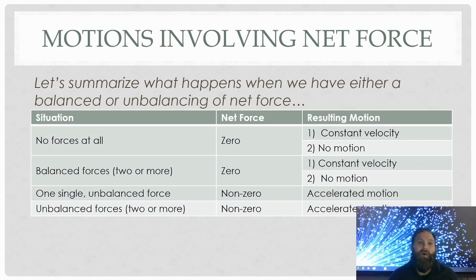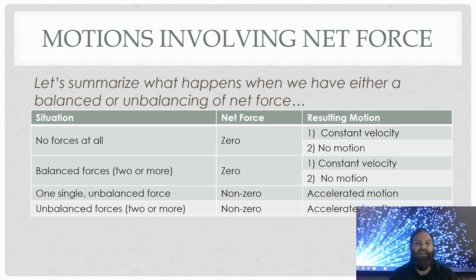If we want to sum up some simple motions using net force, if there's no force at all, that means the net force is going to be zero. That one's pretty straightforward. The one thing that's not super straightforward is that if you have no force acting on something, that means there's a constant velocity or no motion.